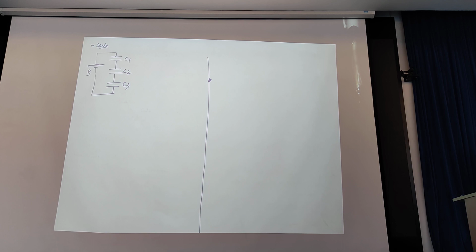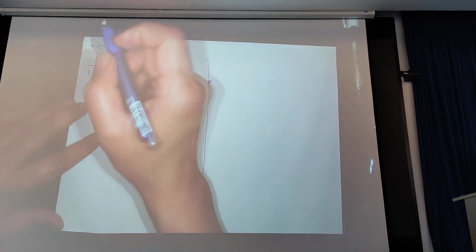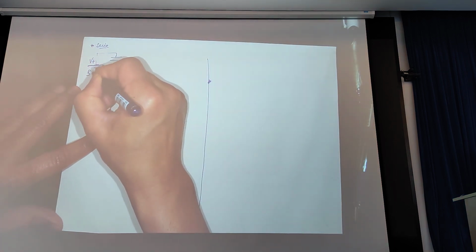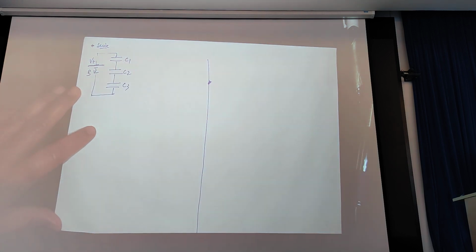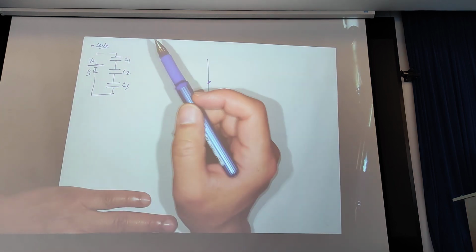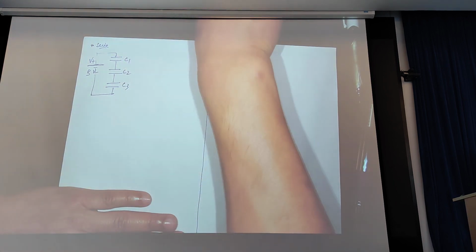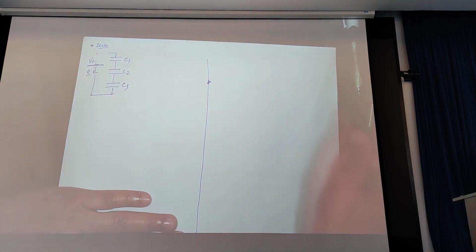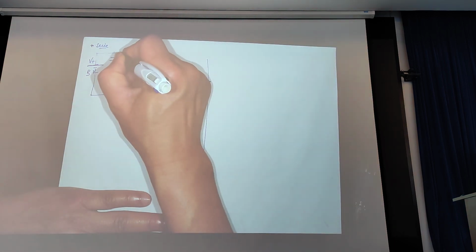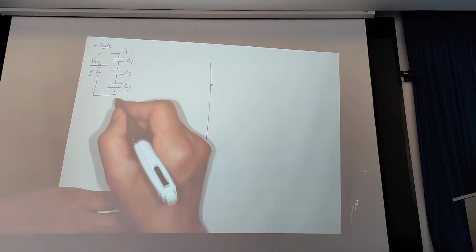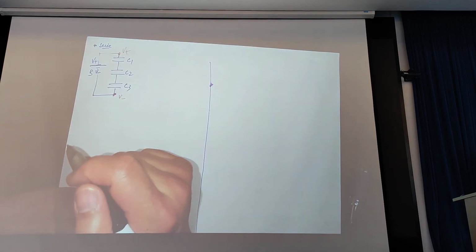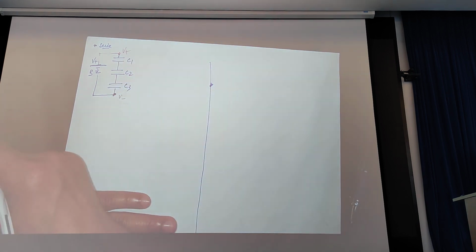You can see that the connection is different. This is a series connection. This is V plus, V minus. But now, the difference of potential of the 3 capacitors is different. We just know that here we have V plus, and here we have V minus. But in between we do not know.